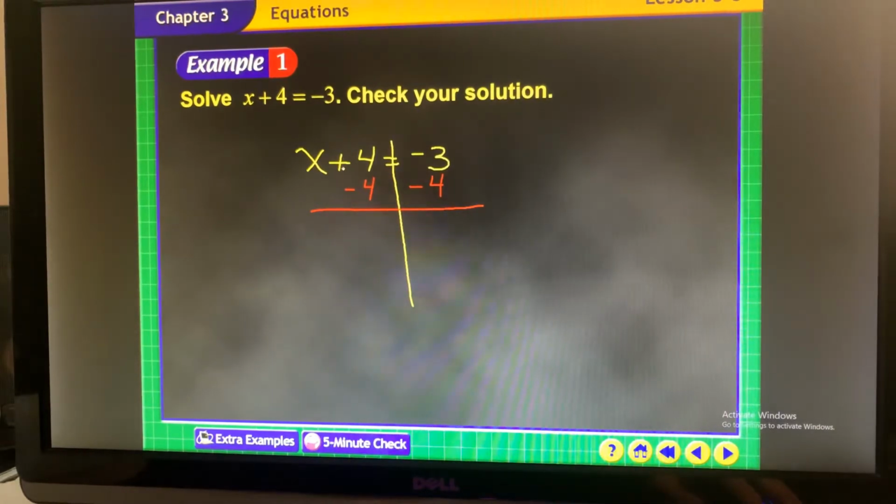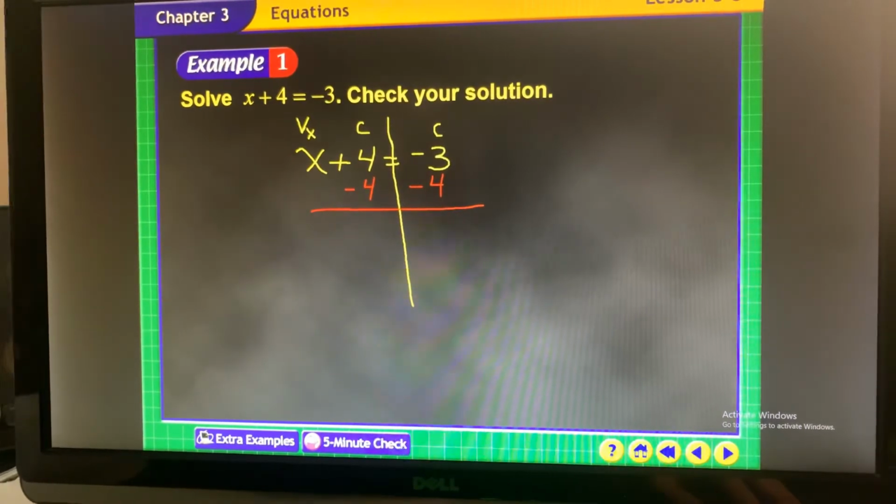So step 1 is looking at that and this and trying to figure out how to isolate the variable, how to get this variable by itself. So if you look at this with clues, you can clearly see that the constant is on the side with the variable, and it can't be. I want the variable to be isolated.